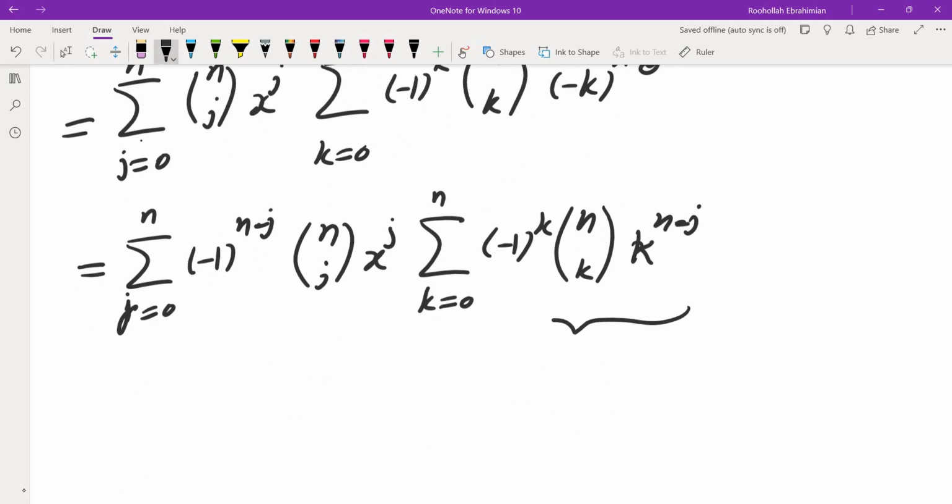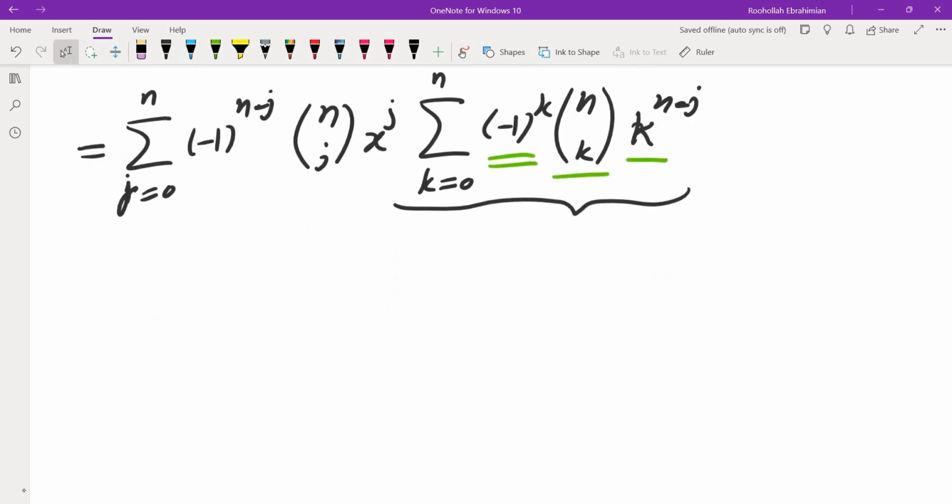As soon as I got to this one, this reminded me of two things. Because of the plus minus sign here and the n choose k, it reminded me of the principle of inclusion-exclusion, and k to the power of n minus j reminded me of the number of functions from a set to another set.